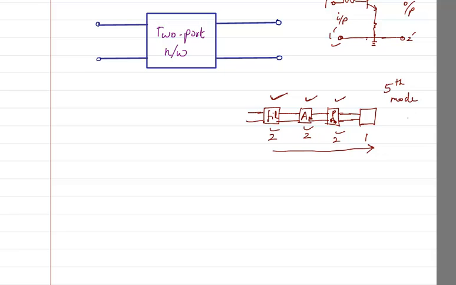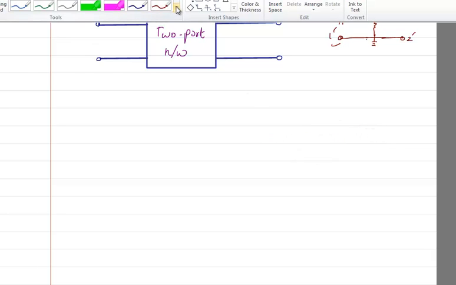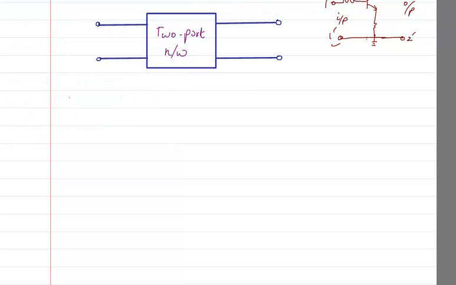Right now what we are interested in is to find out two things about single port network, which are basically called the network functions. So let me rub this one and I will say what network functions are. We are interested in network functions. What are network functions?